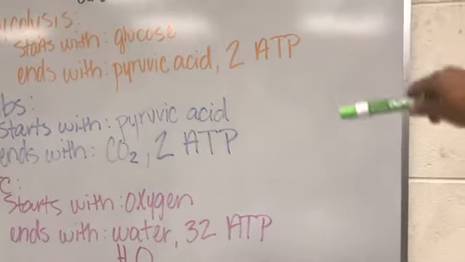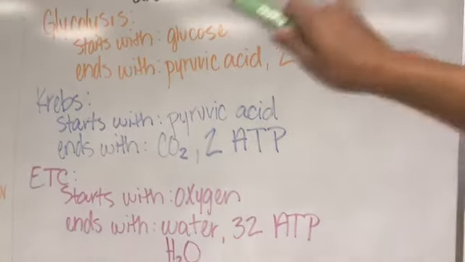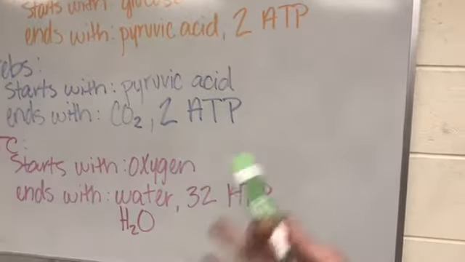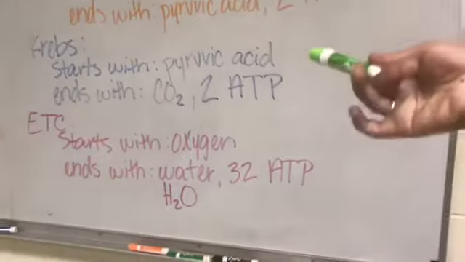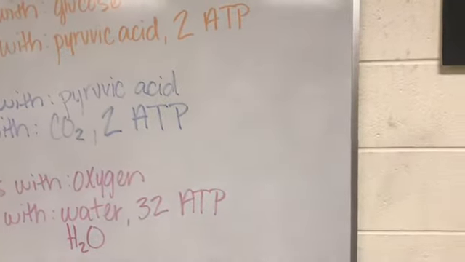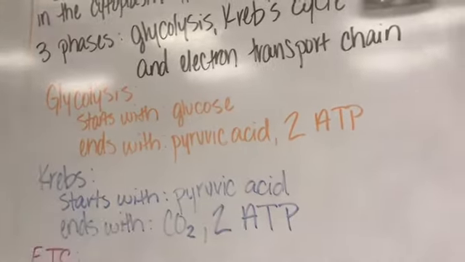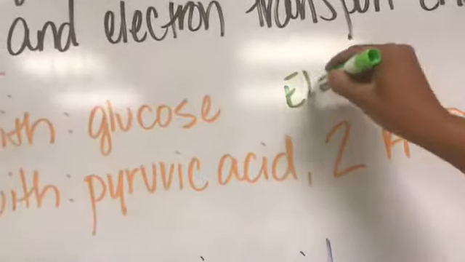So that's why glycolysis is considered anaerobic, and the other two are considered aerobic, because they need oxygen to keep going. Krebs maybe not directly, but eventually it's going to need oxygen to connect to that carbon to make carbon dioxide.